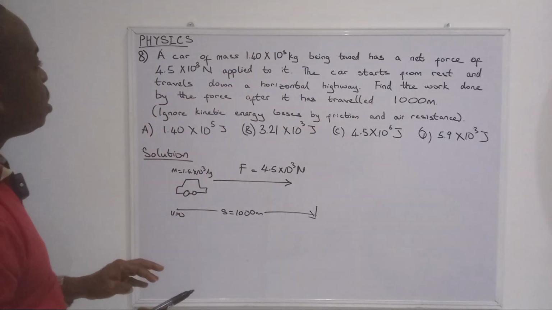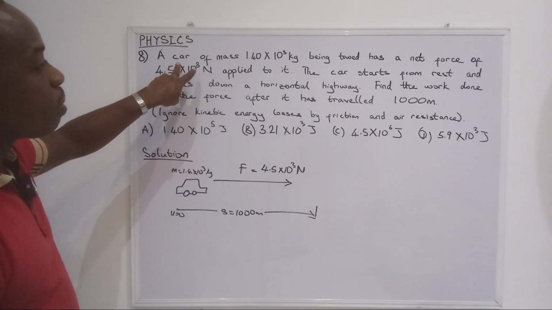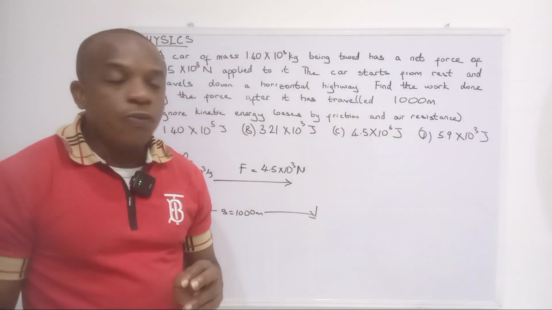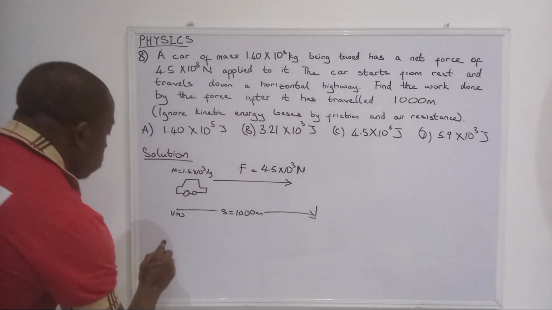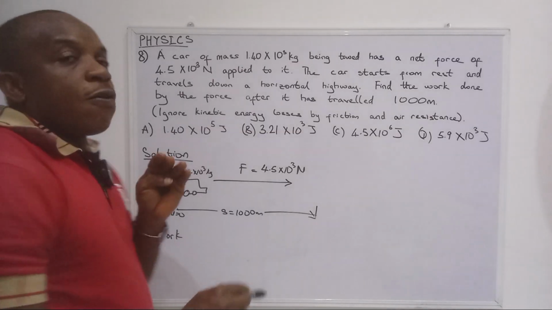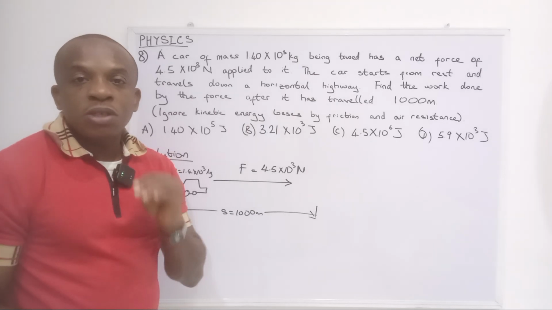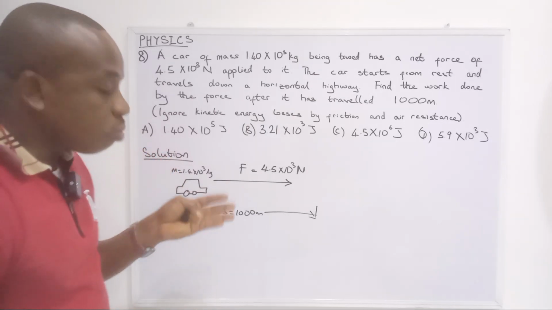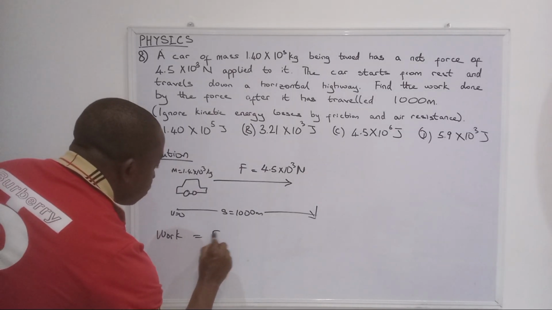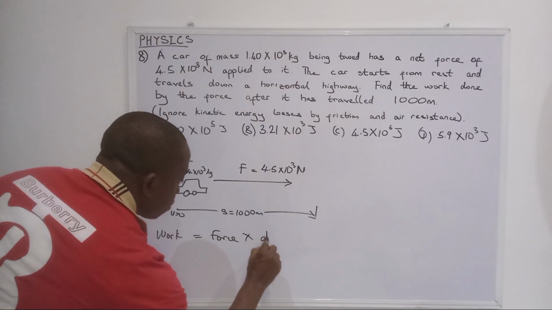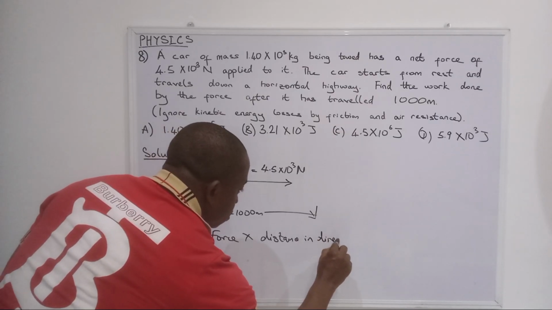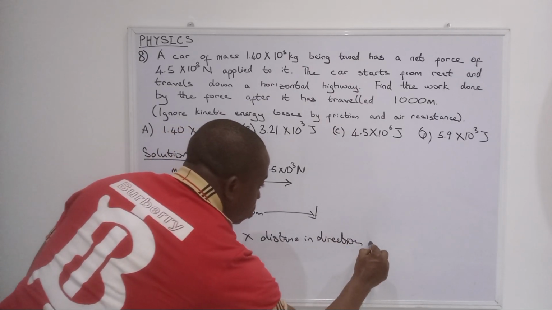The key things that we need here are the net force and the distance traveled. And if we remember from our work formula, one of the formulas for work done is force times distance traveled in the direction of the force.